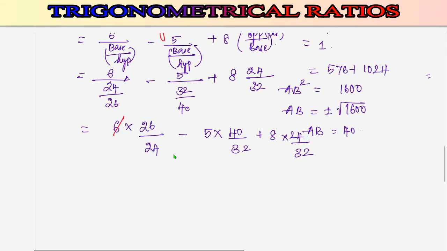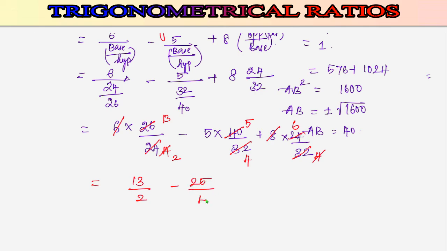Here 1 6 is 6, 4 6s are 24, and 13 2s are 26, 2 2s are 4. 5 8s are 40, 4 8s are 32, and here 1 8 is 8, 8 4s are 32, 1 4 is 4, 6 4s are 24. So finally we are left with 13 divided by 2 minus 25 divided by 4 plus 6 divided by 1.